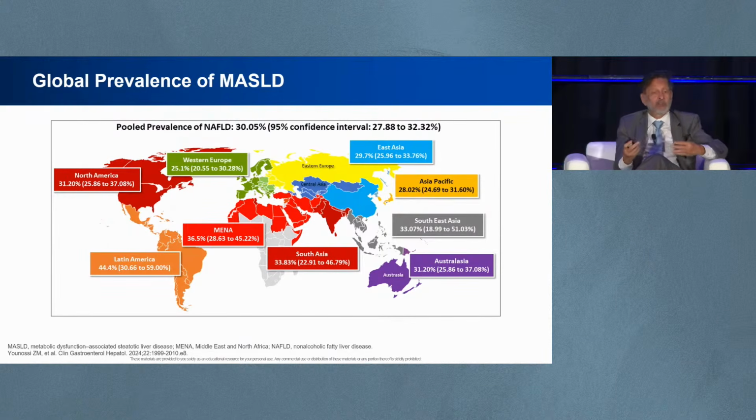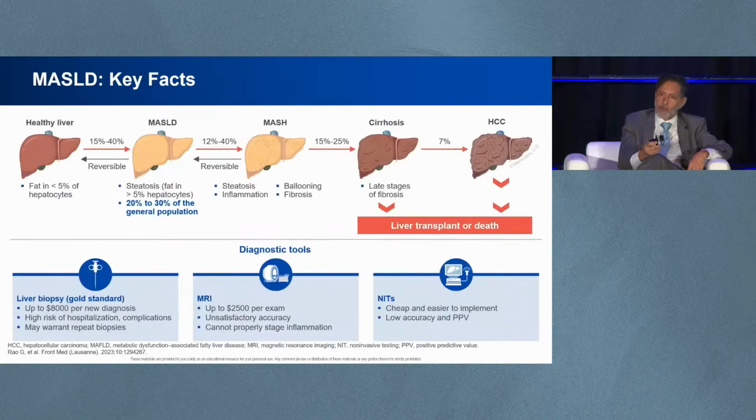Now, much of this is linked to obesity, but it's also important to remember that you can get steatotic liver disease in the absence of obesity, and up to 20% of all patients with MASLD actually are not obese using the BMI standards, although they may have increased visceral adipose tissue, et cetera.